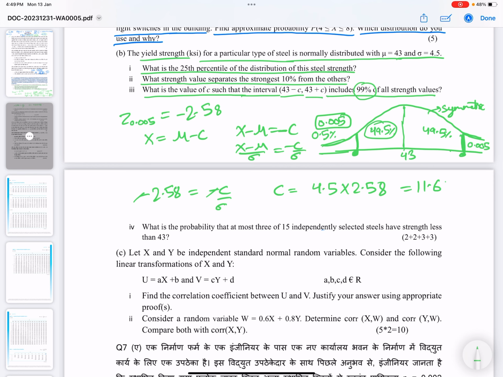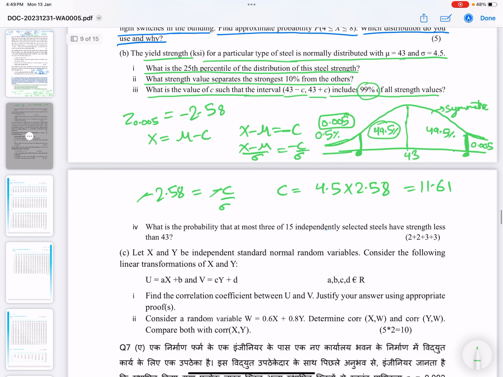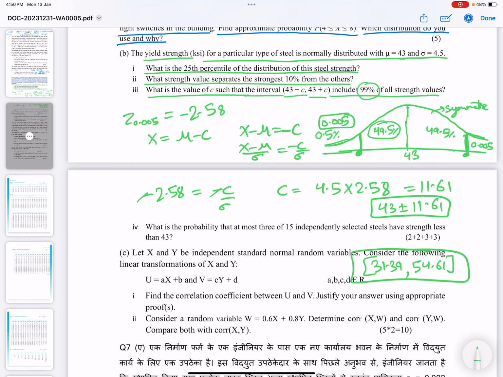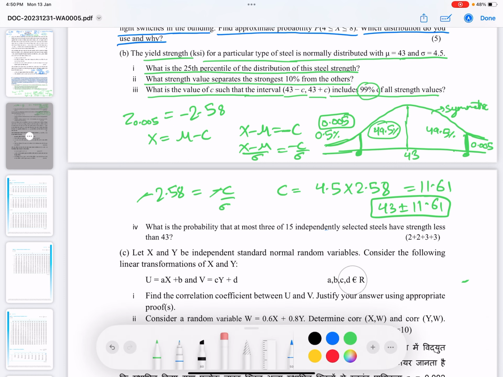So C is coming out to be 11.61. So the range would be 43 plus minus 11.61. 43 minus 11.61 is 31.39, so 31.39 till 54.61. This interval consists of 99% of the observations. Okay, now moving to the next part.